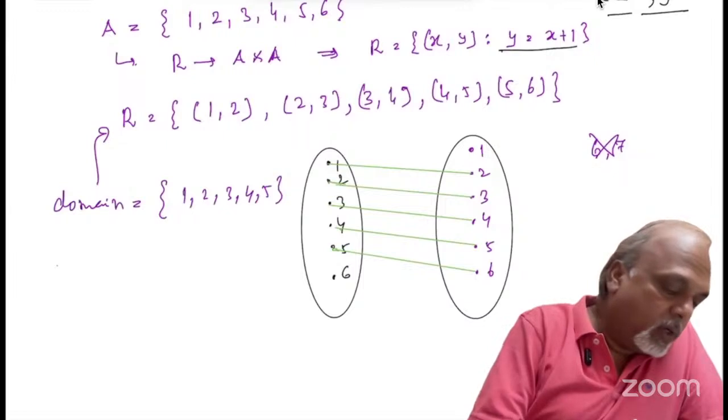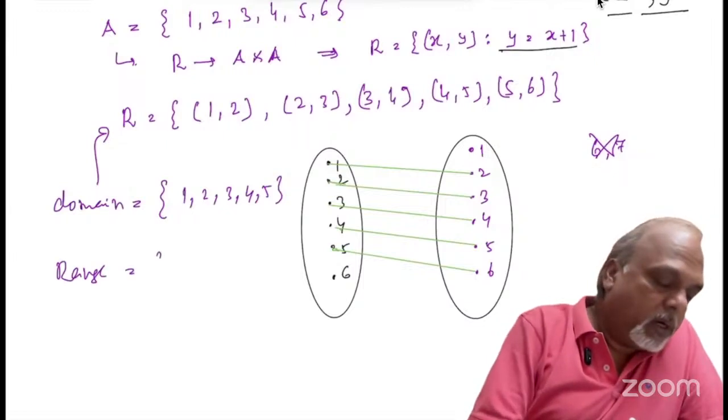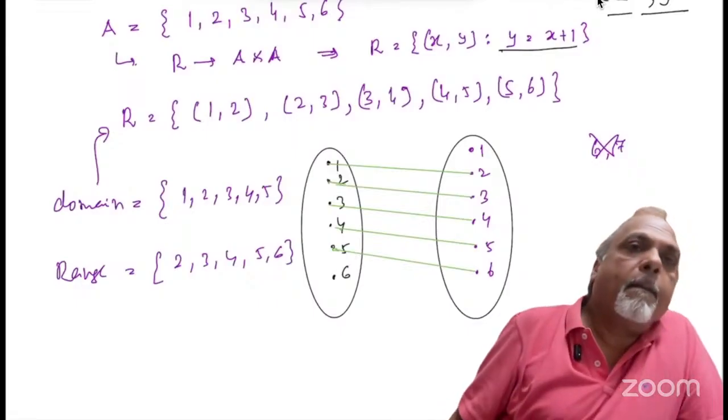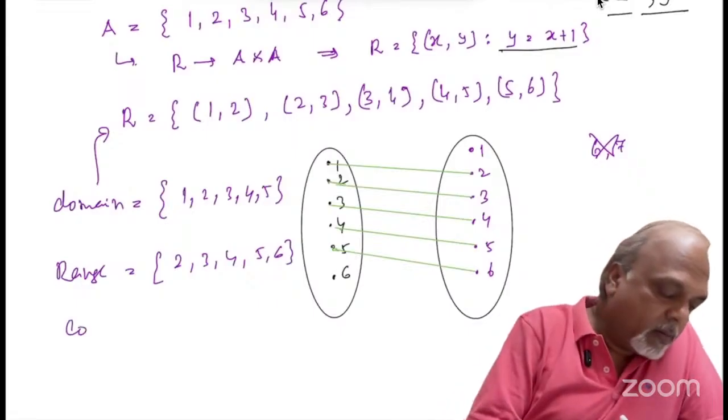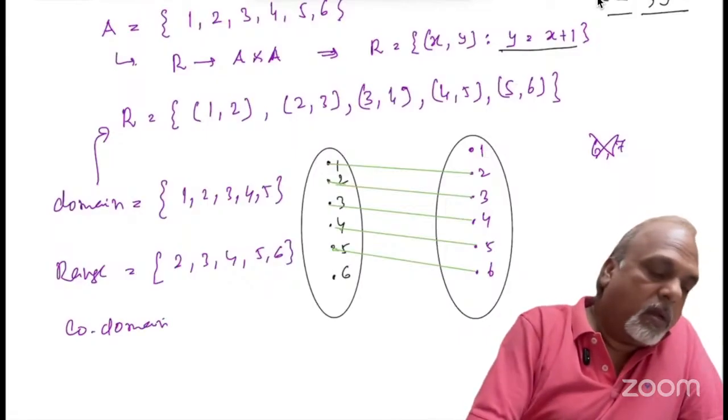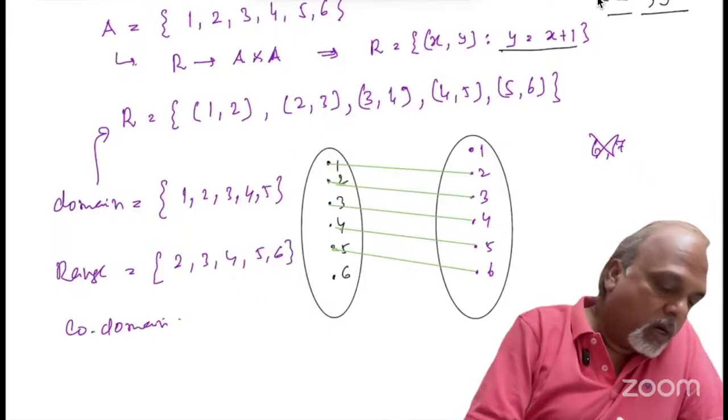And what is the range? This is nothing but 2, 3, 4, 5, 6. And what is codomain? Codomain is all elements of y, that is 1, 2, 3, 4, 5 and 6.